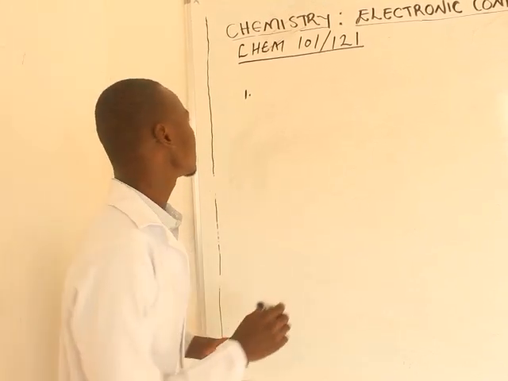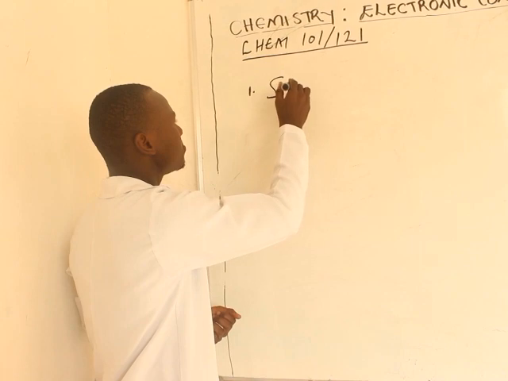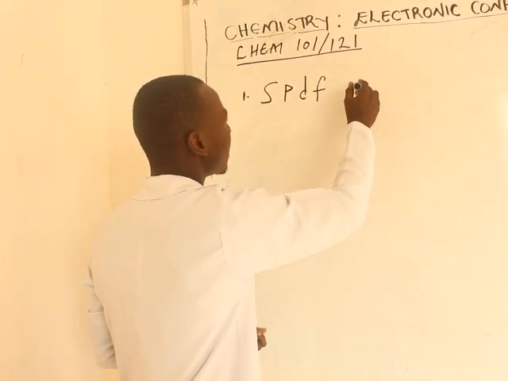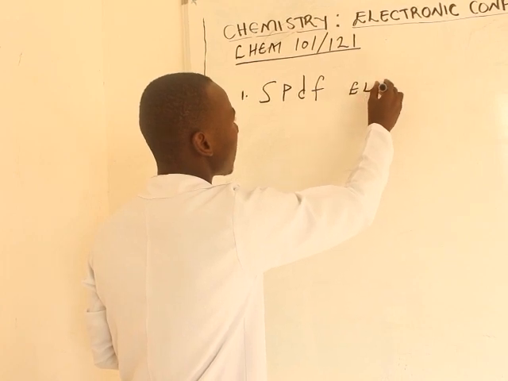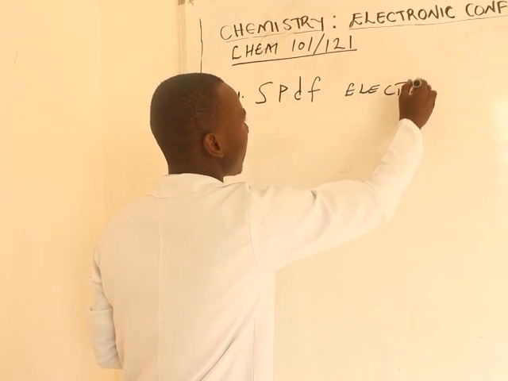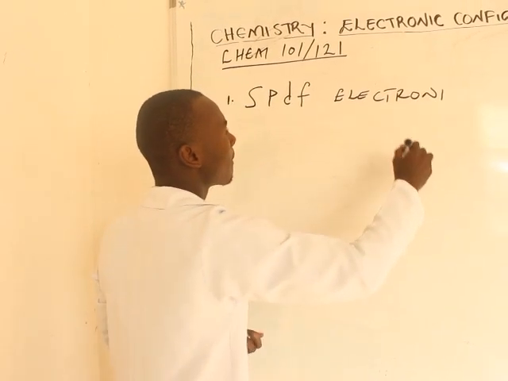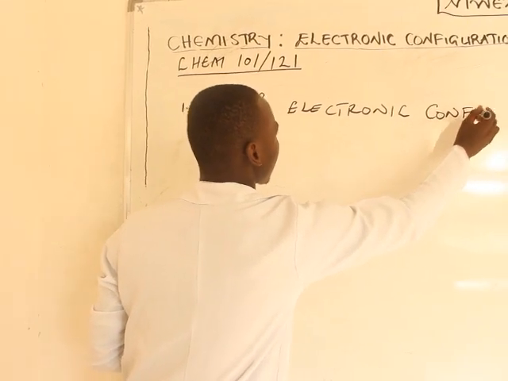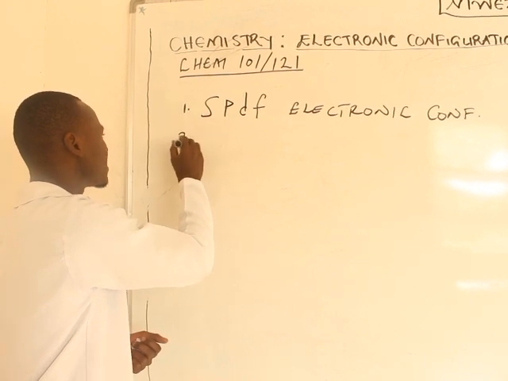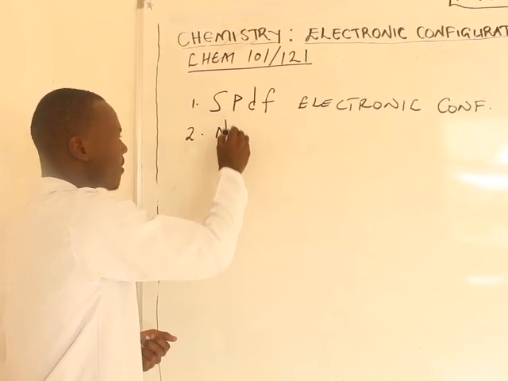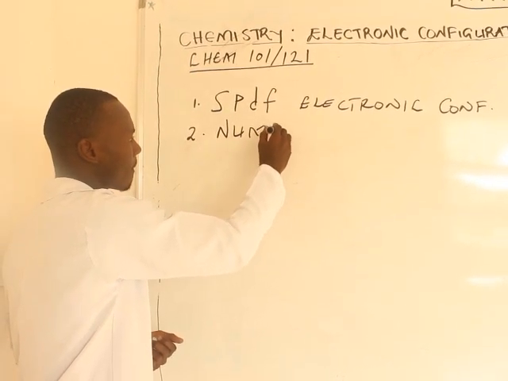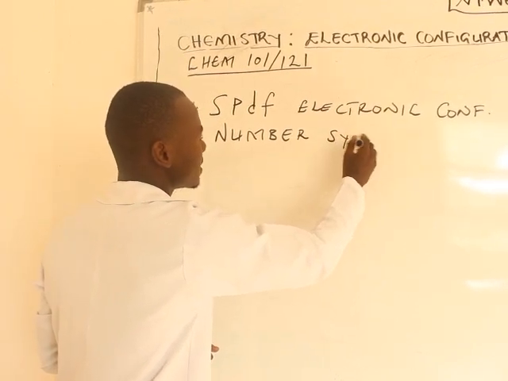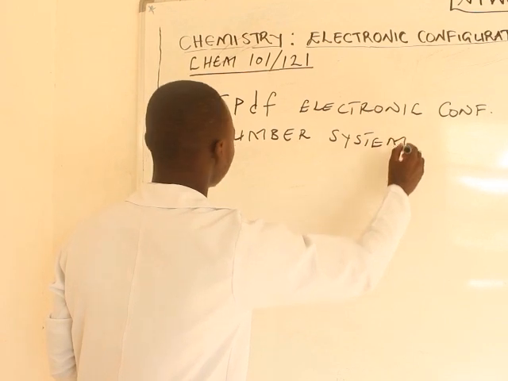The first one is the SPDF electronic configuration. The next one we have is the number system electronic configuration.